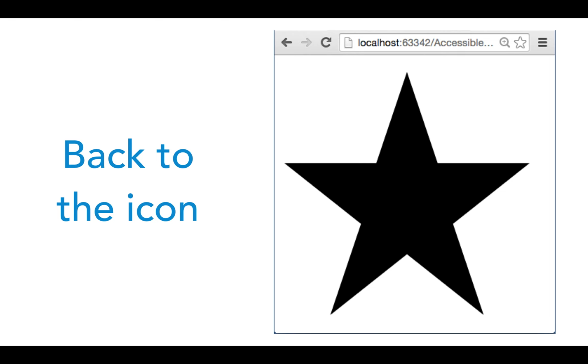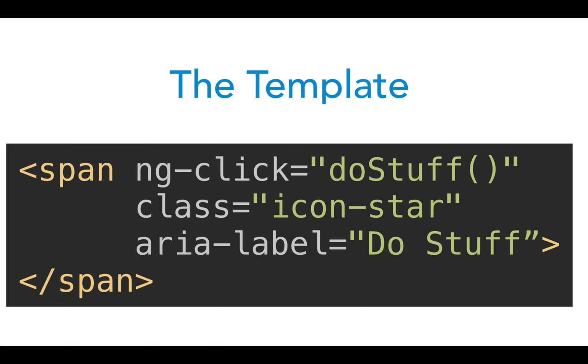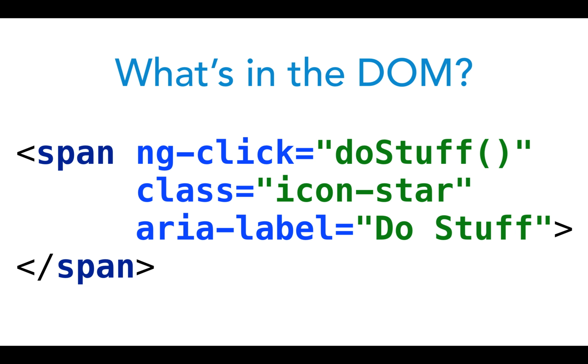So if we go back to our icon example, you'll recall that the template markup looked a little bit like this, although I have taken out the role attribute, and you'll see shortly why I've been able to do that. When it comes to understanding what ngAria does for us, I think it's beneficial to contrast the template with what actually appears in the DOM after ngAria has done its work.